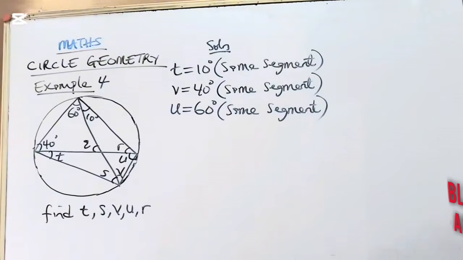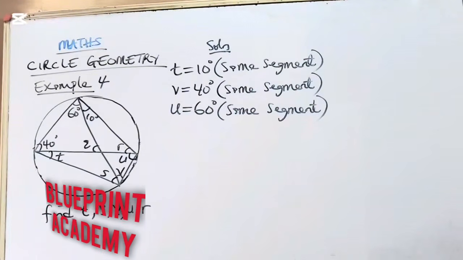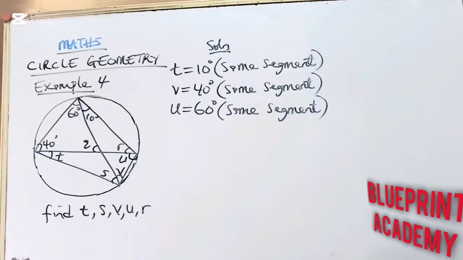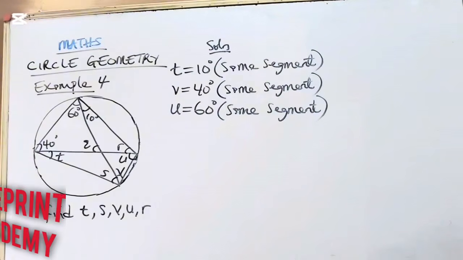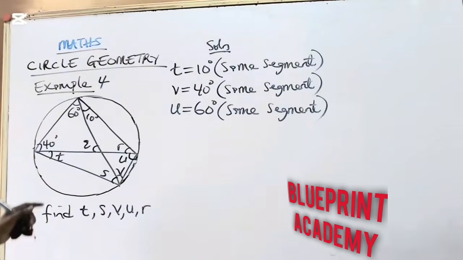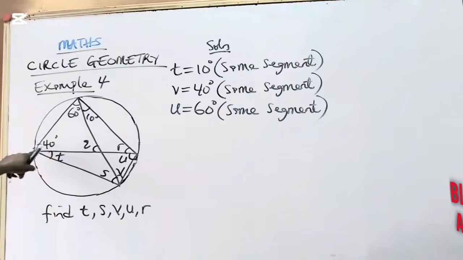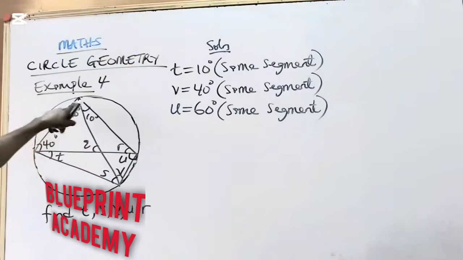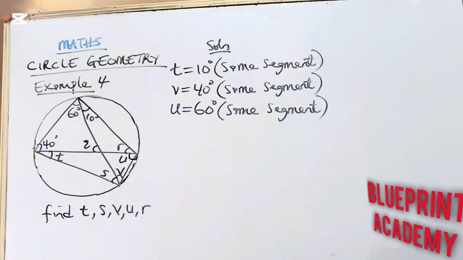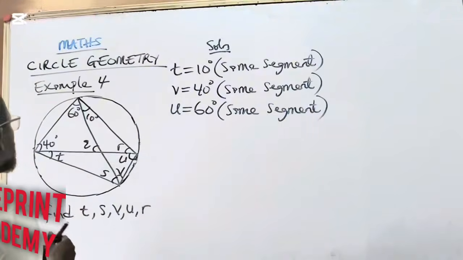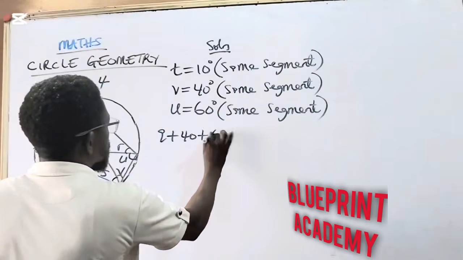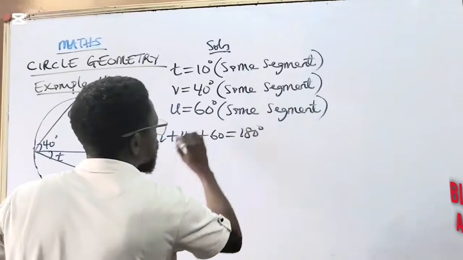Okay, let's see. Alright, let's get S now. But for S, let's get Q first. This is a triangle here. Sum of angles in a triangle is what? 180 degrees. So now from there, I'll get Q. Q plus 40 plus 60 equals 180 degrees.